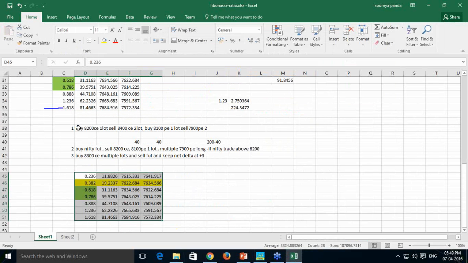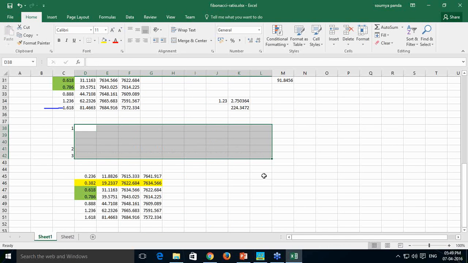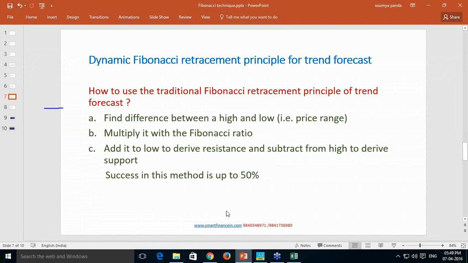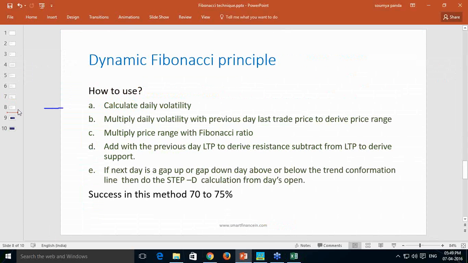When you come to this dynamic principle, it is a little different. So how is it different? In the dynamic principle, I'll be taking the volatility. Daily volatility I'll be taking into confidence for calculating the price range. So I have changed here: instead of taking a high-low difference, I am taking the daily volatility, and that is what gives me the price range.